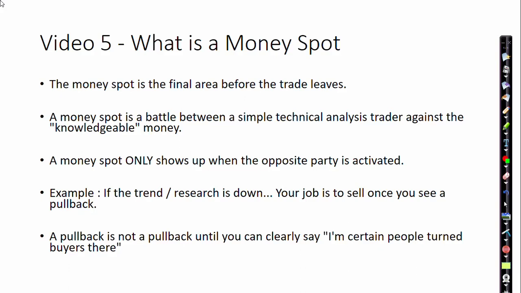What is a money spot? So the money spot is the final area before traders leave.